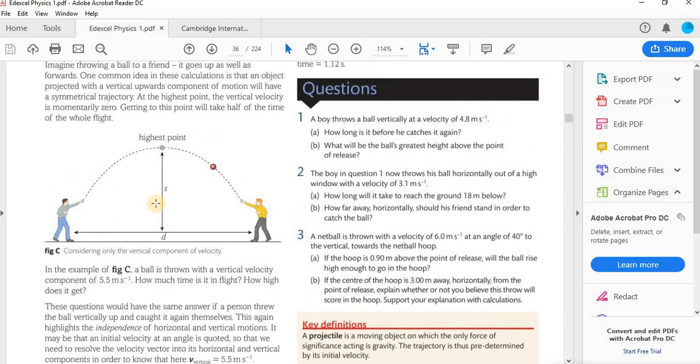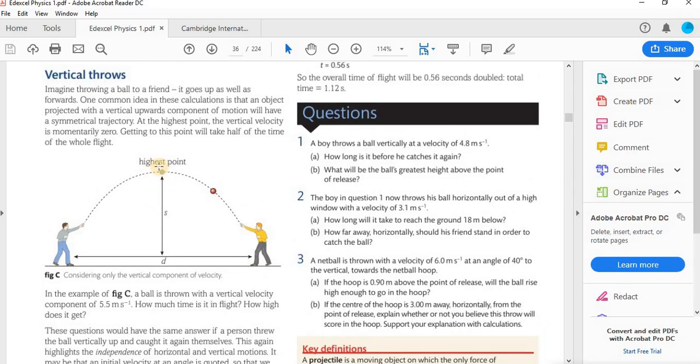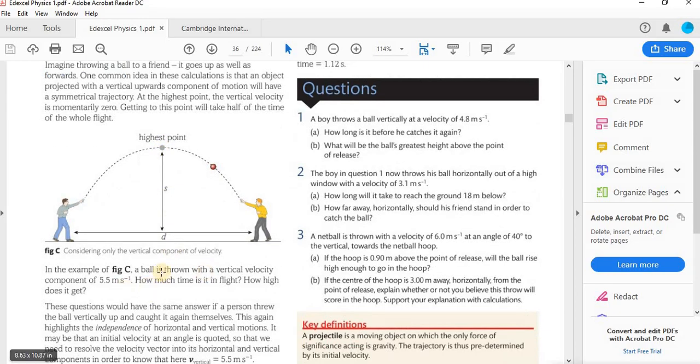What we know is that the vertical velocity at the highest point is 0, and they have given us a ball thrown with a vertical velocity of 5.5 meters per second. You can assume it's in the vertical direction, so the initial vertical velocity is 5.5.